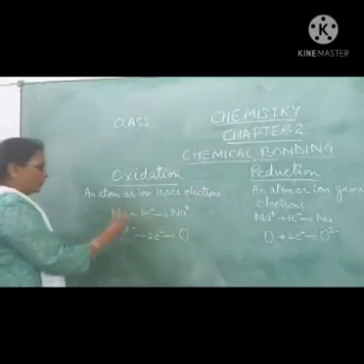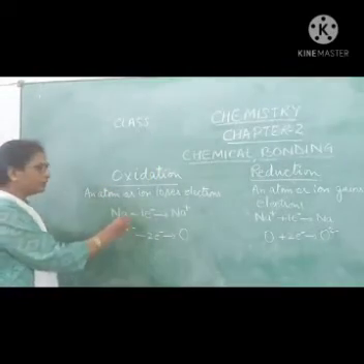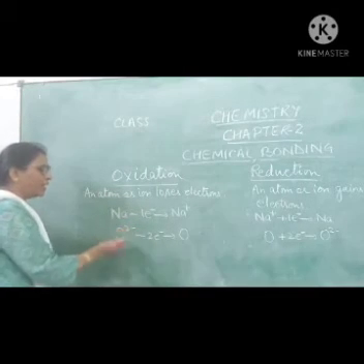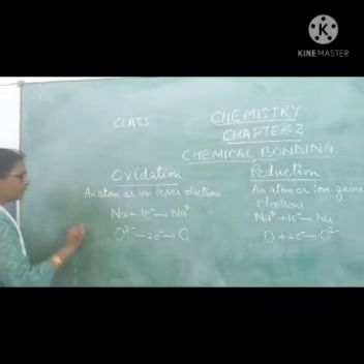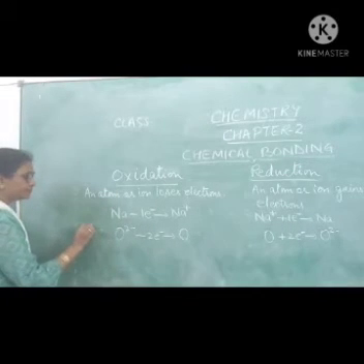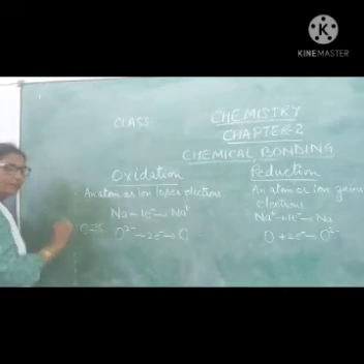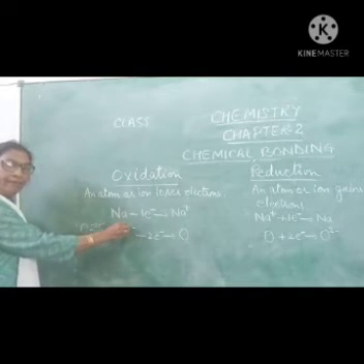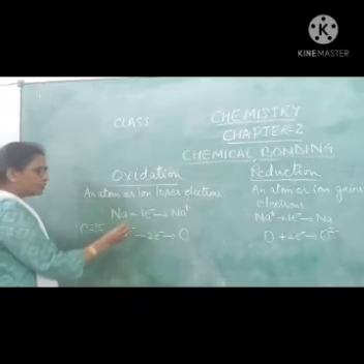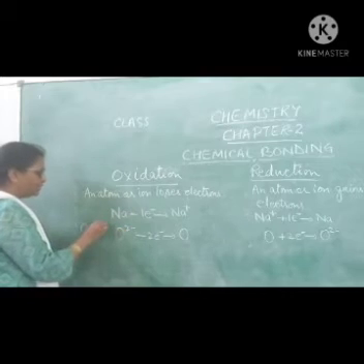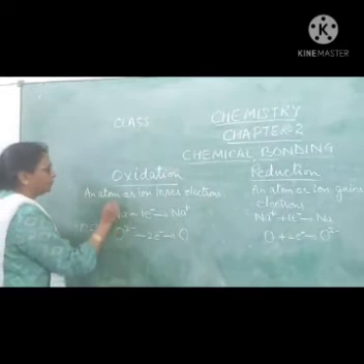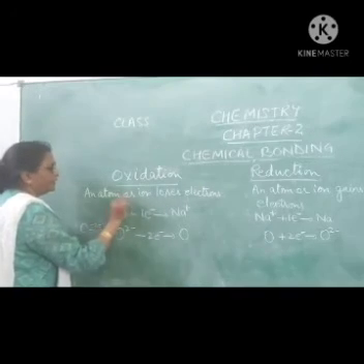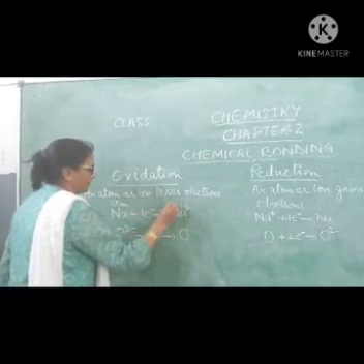For example, look at the oxygen ion. How is the oxygen ion formed? When oxygen gains 2 electrons, it forms the oxygen ion. This one is your atom, this one is your ion.